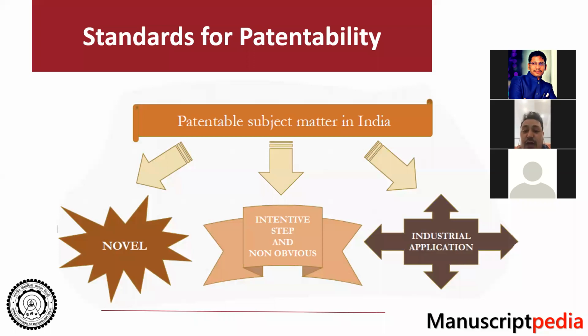Otherwise, it will not be patentable. It should be non-obvious, novel, and industrially applicable, whatever you are filing the patent for. So whether it is used in industry or not. If it is not, then you cannot get such a patent in India. So this is the rule, and this is the difference from other countries.